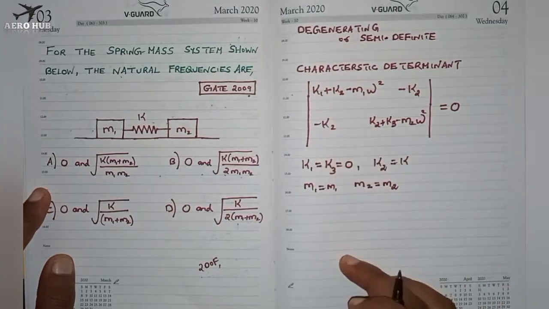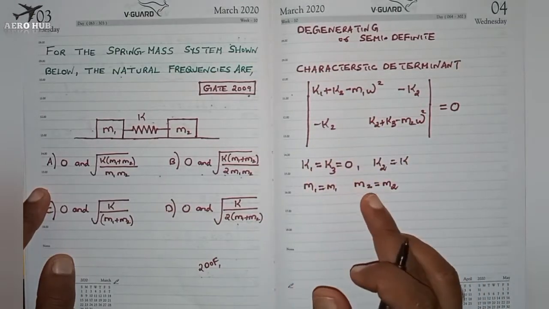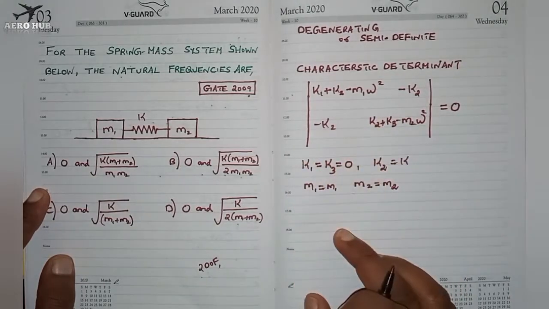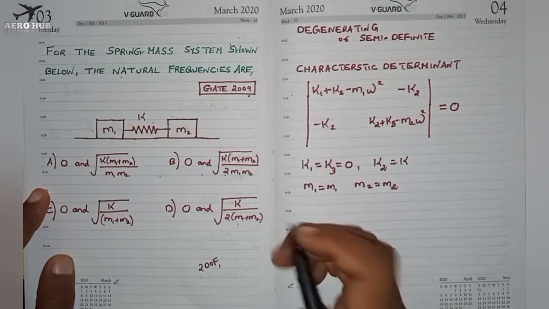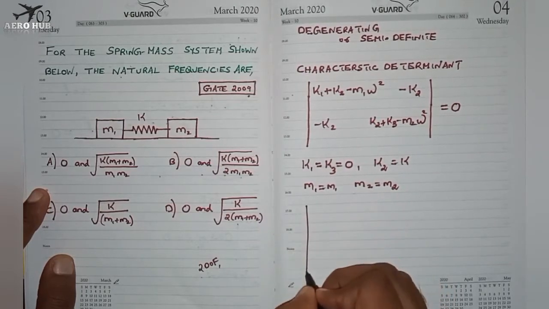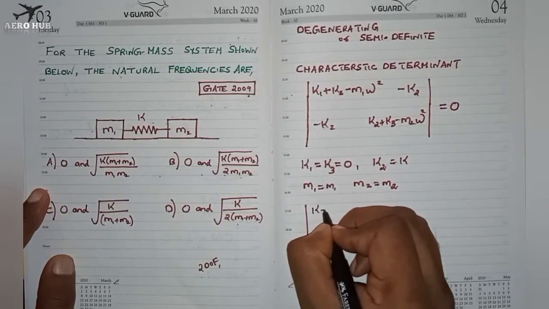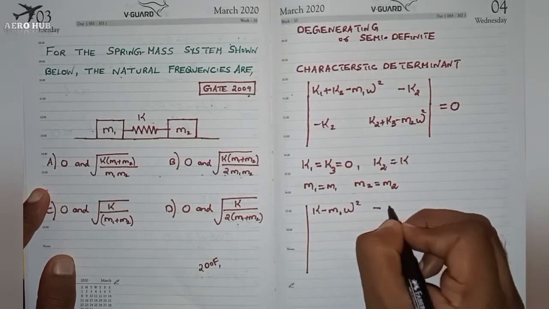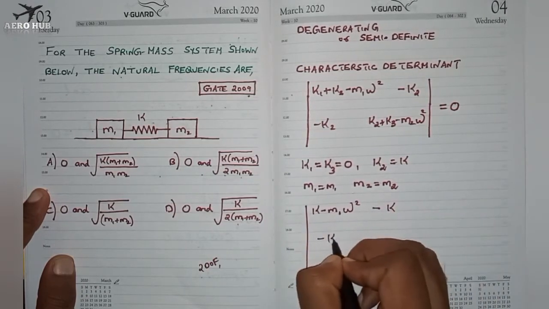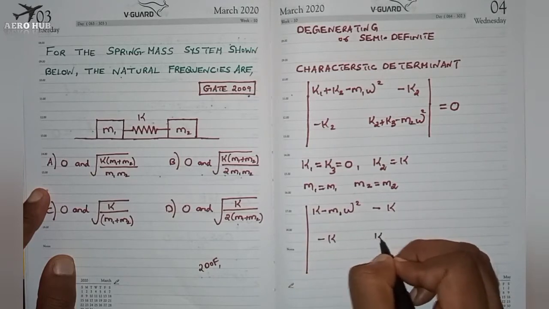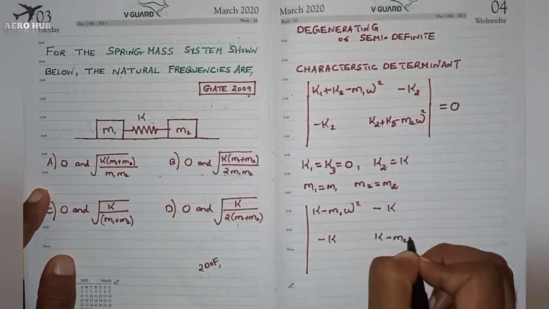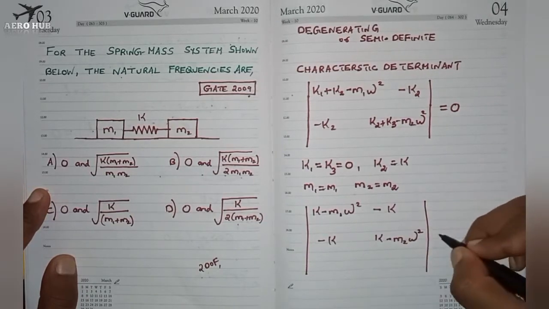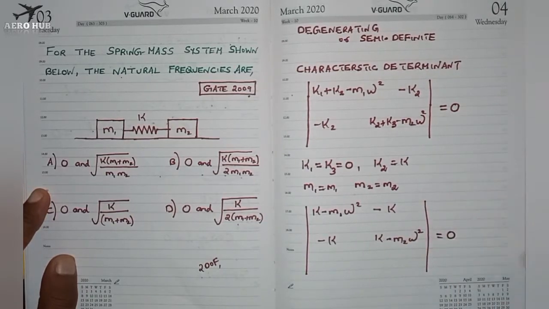I will substitute the values of k1, k2, k3 and m1, m2 in the above characteristic determinant. So I will get the determinant of k minus m1 omega square, minus k, here also minus k, k minus m2 omega square. This should be equal to 0.